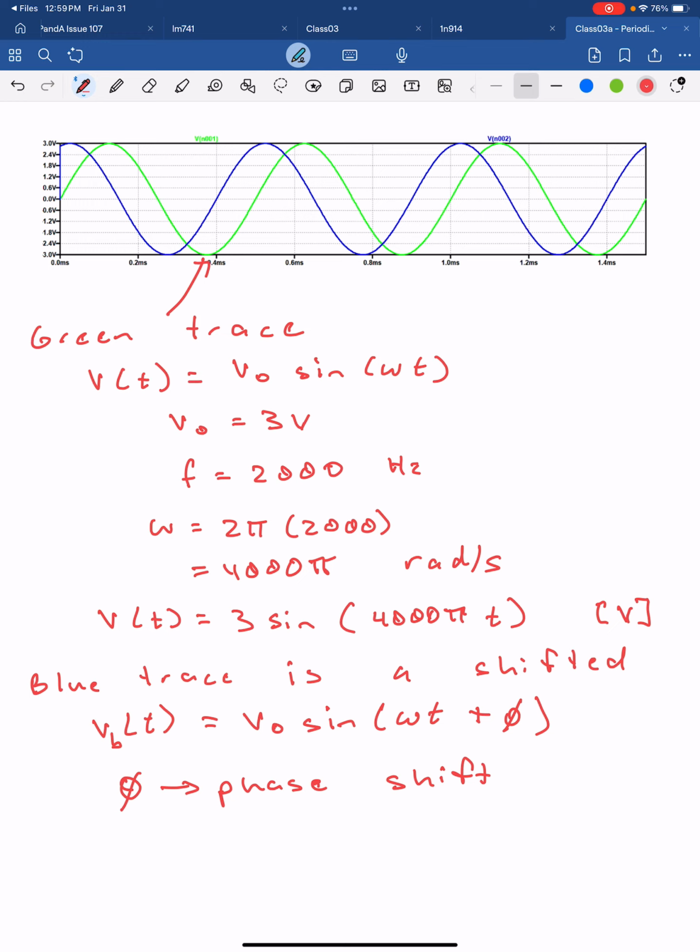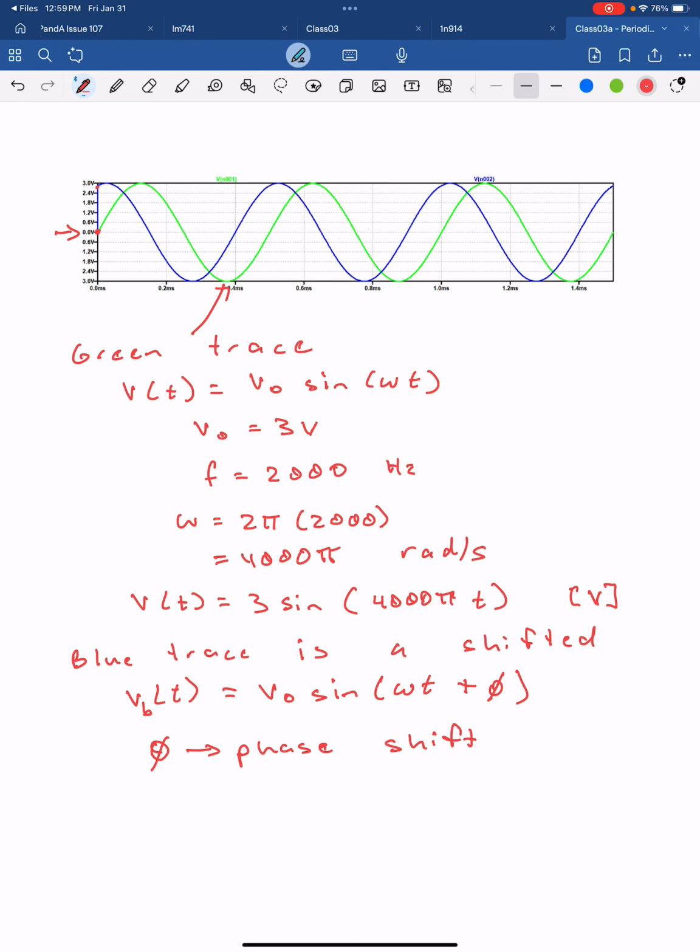So the green trace has a phase of 0, and it goes through 0 at t equals 0, as I highlighted there, as a sinusoidal signal does. But blue, if I were to continue that blue trace, would intersect 0 somewhere over there, or similarly right there, but to be consistent with the sinusoidal signal, off to the left there.